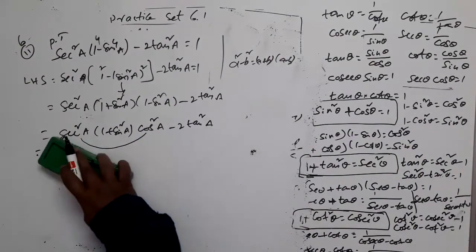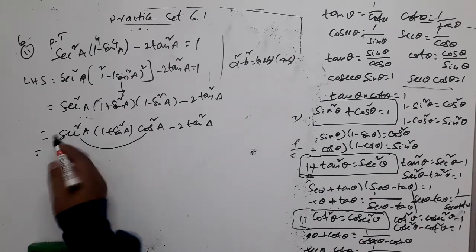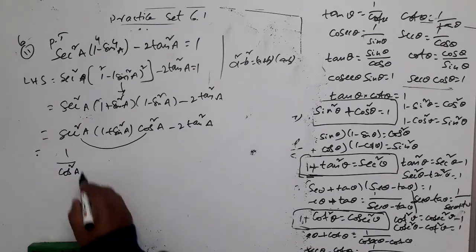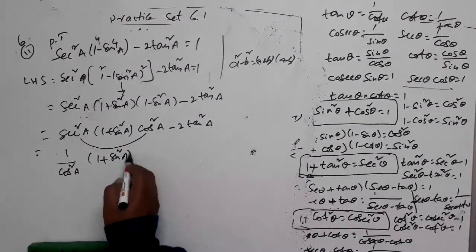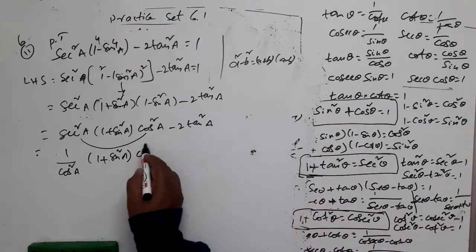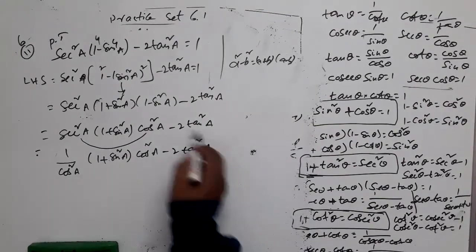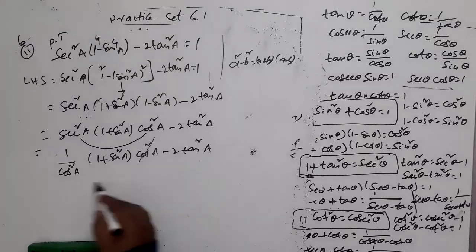So you can have this again. Or to put it in some other way, I am writing secant A in terms of cos. Secant A is 1 by cos A, reciprocal, right? So I can write it as 1 by cos square A multiplied by cos square A, minus I am leaving this also as it is. I have simply simplified this part. I can cancel these two.